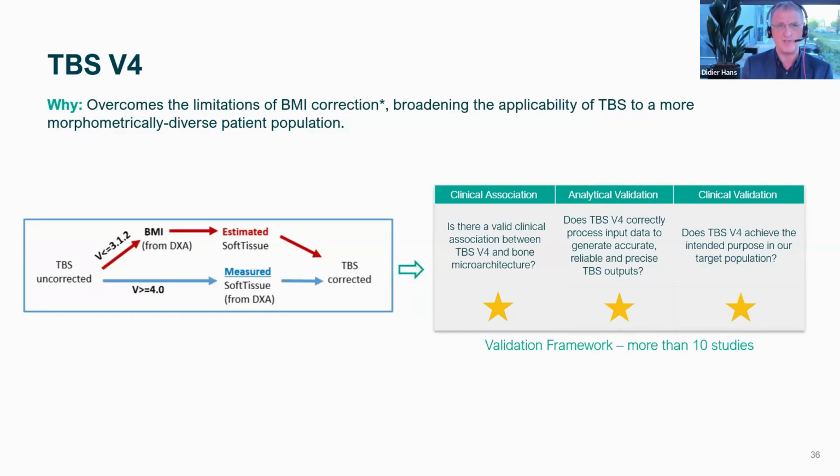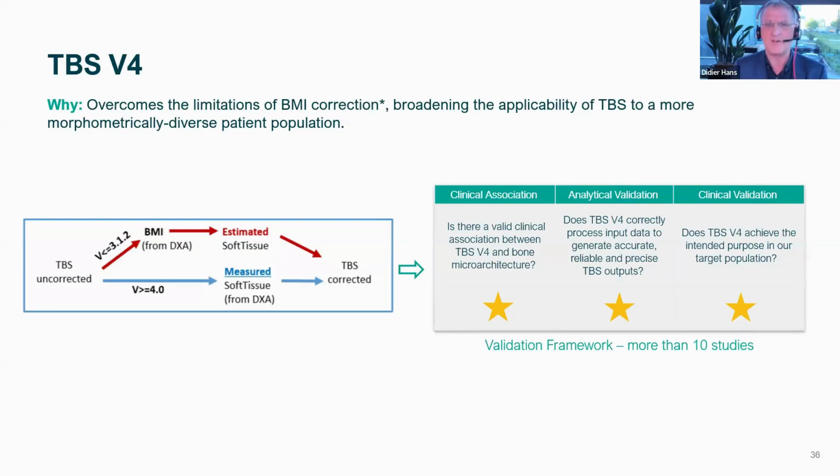One of the improvements that we felt, since we use BMI as a surrogate of tissue thickness, is that through BMI we don't completely take into account the morphotype of the patient, whether the fat is more in the thigh or the belly and so on. So with a newer version of TBS, which will most likely be released by the end of this year because we're going through the FDA process right now, TBS will take into account the morphotype, meaning correcting directly for tissue thickness.